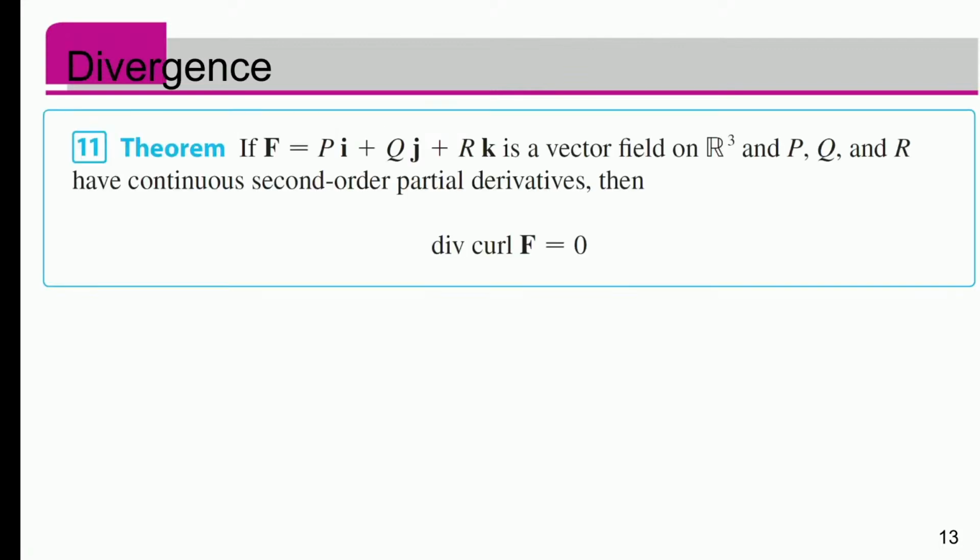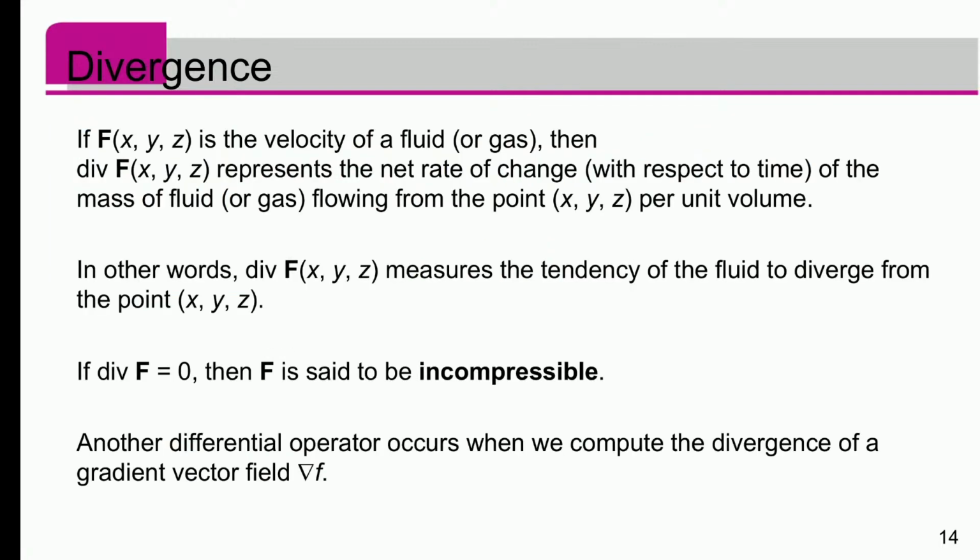Okay, so if you have a vector field with continuous second order partial derivatives, then this will always be the case. If you take the divergence of the curl, you do get 0. So that's just a little interesting tidbit. So I guess we've already talked about this.